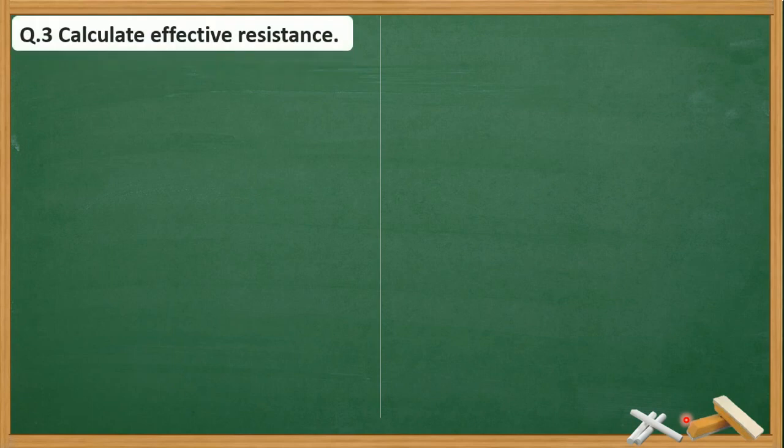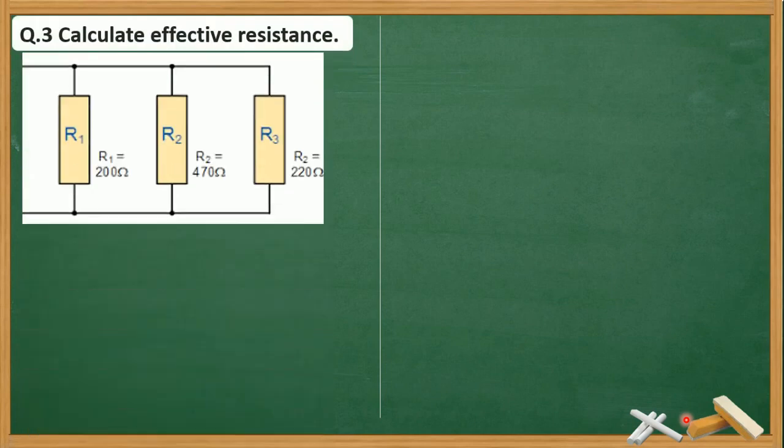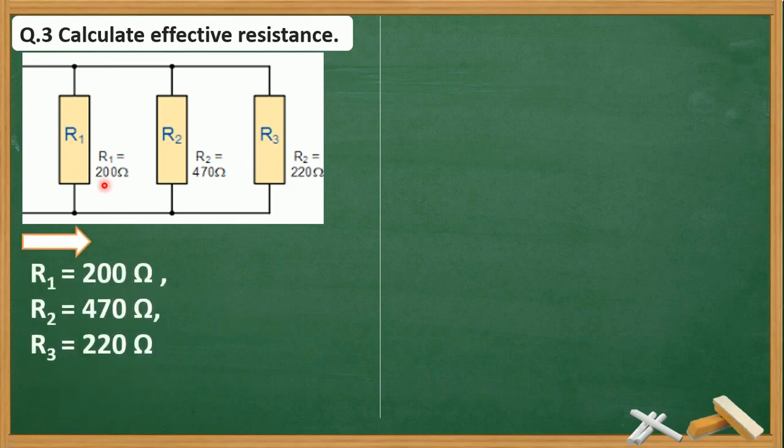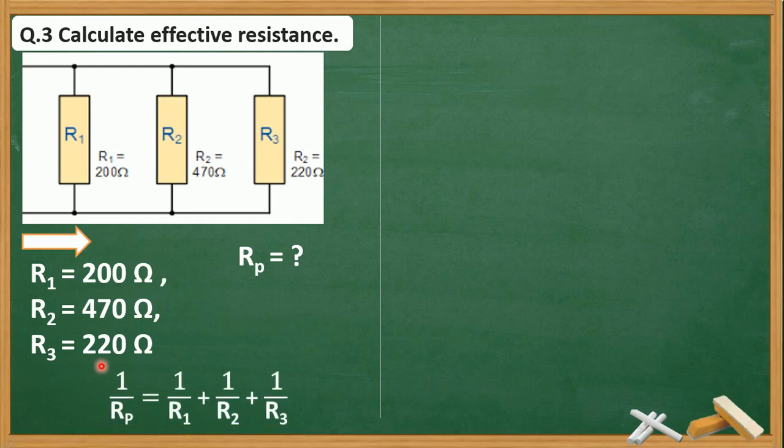Next example, calculate effective resistance. Here one diagram is given. This is a parallel combination. R1 is 200 ohm, R2 is 470 ohm and R3 is 220 ohm. And we are asked to calculate Rp, means effective resistance of this combination. We know the formula.